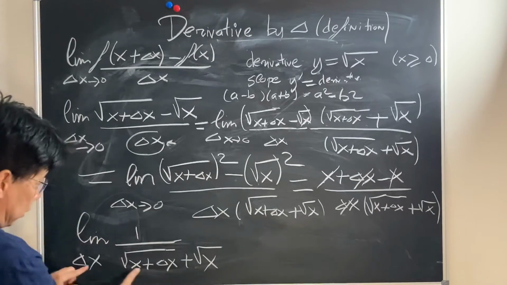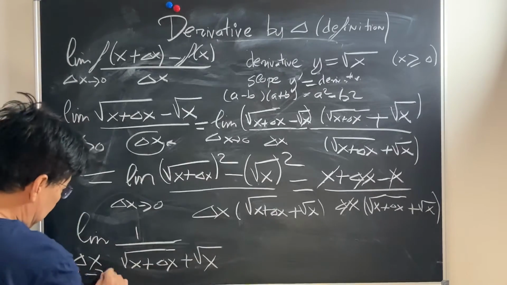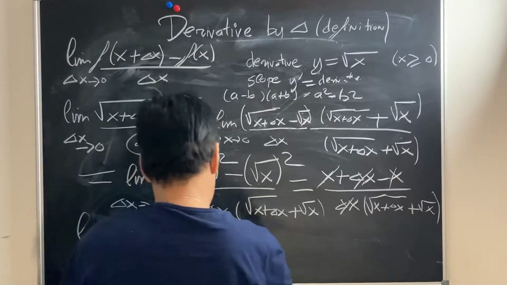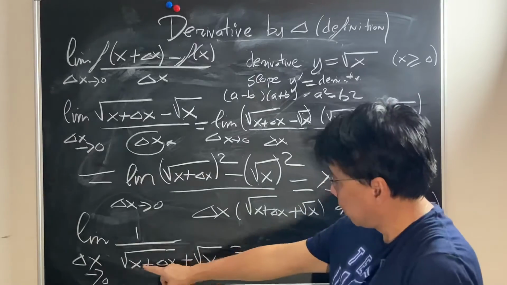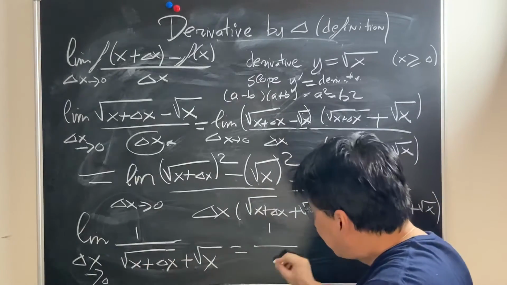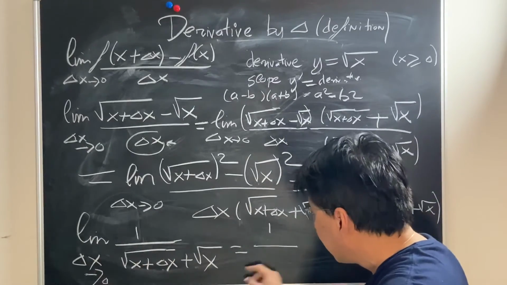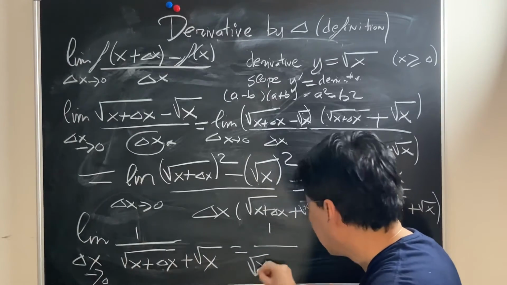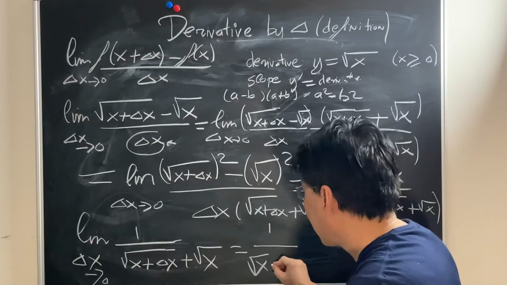So now we can replace delta x going to 0 here. When delta x goes to 0, that term will equal 0, so we still have square root of x plus square root of x.